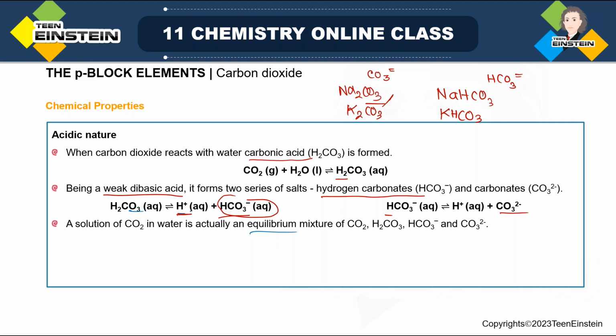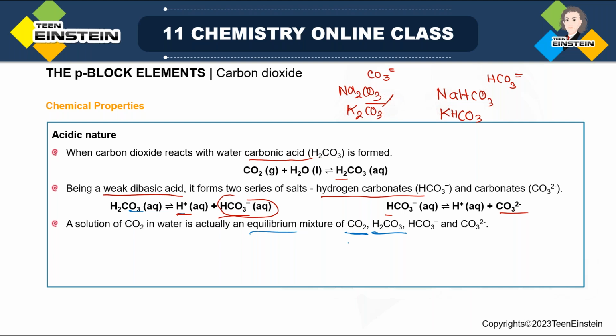So how all these four species? H2CO3, because you are starting with this, and H2CO3 will remain in undissociated state. So H2CO3 will be there. Then CO2 will also be there, because you are getting H2CO3 starting from CO2 and water. So CO2 will be there, H2CO3 will also be there.